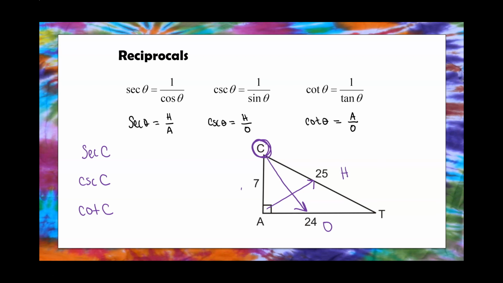And your remaining side is your adjacent. All right, so secant is hypotenuse over adjacent, so that's going to be 25 over 7. Cosecant C is hypotenuse over opposite, so that's 25 over 24. And cotangent of C is adjacent over opposite, which is going to be 7 over 24. Perfection.